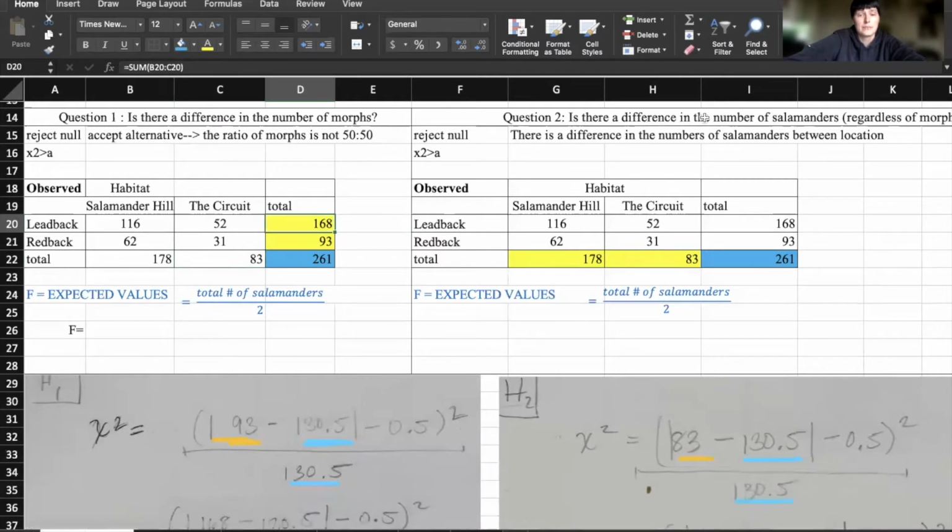And if you need to change it, you can just edit these. This total right here is the combination of all of the population, including both morphs and both locations.